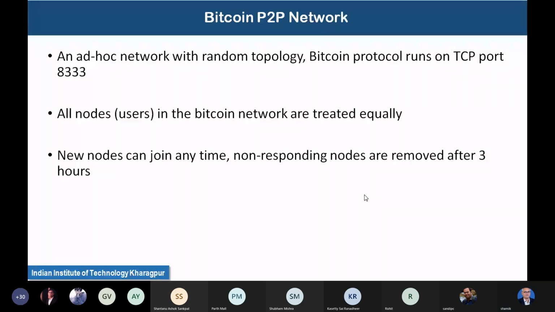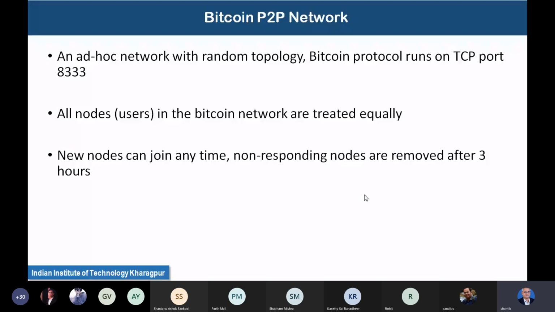Now, after having seen the structures of the blocks and the transactions, what we'll see next is how the Bitcoin network is formed, how we propagate the transactions throughout the network, how they actually get into blocks, and then how the blocks are shared with all the nodes in the network. So that is what we are trying to see next.